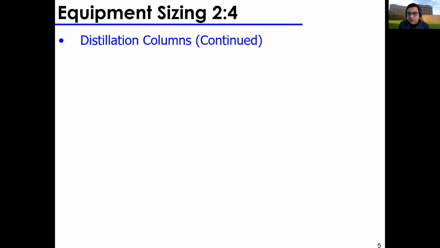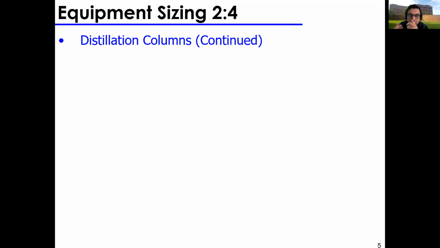And then after getting your height, we need to get the diameter. And again, we're going to use equations to do it. These are empirical equations, or semi-empirical sometimes. You'll find them in all of your books. You plug in the parameters, usually a function of physical properties and a function of separation efficiency, and you get the diameter.